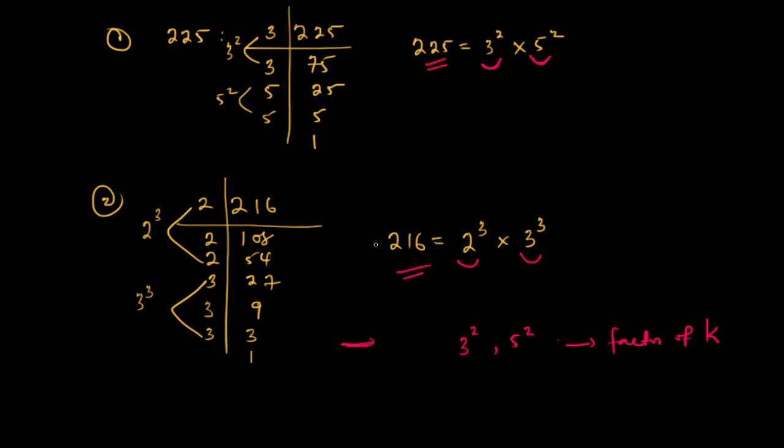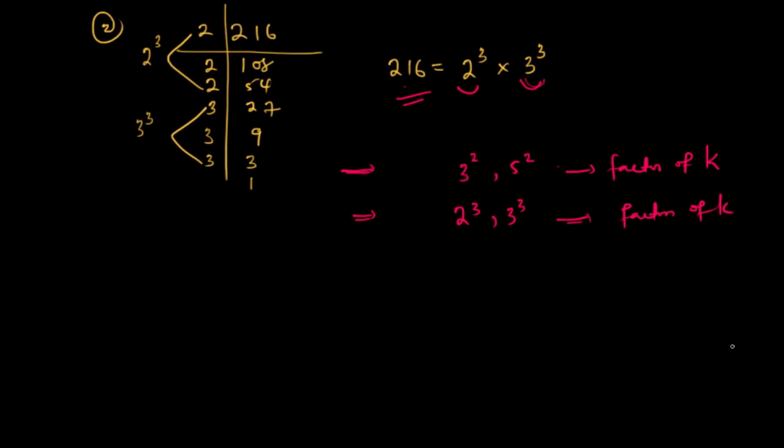And also from the next statement we have here, 2 cube and 3 cube are also factors of 216. So that also implies that 2 cube and 3 cube are also factors of k. So now let's see what we're going to do here. I'm going to combine these two.